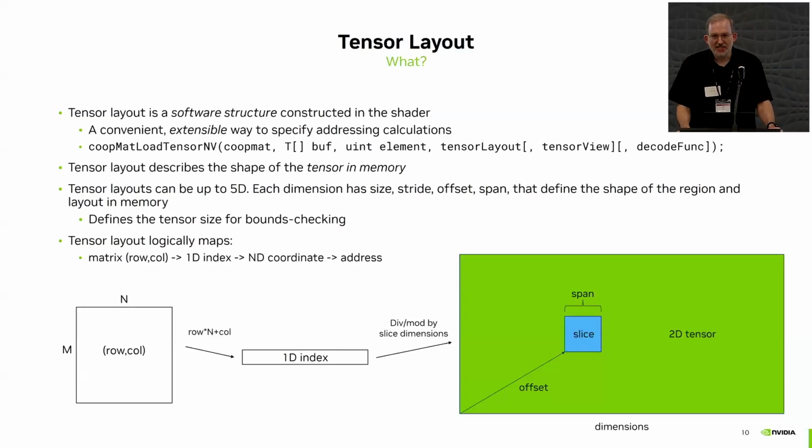Each dimension has size, stride, offset, and span, and these define the shape of the whole tensor itself, as well as this little slice that's being loaded from. And this layout logically maps matrix row and column numbers to a 1-dimensional index, and that 1D index is converted to an n-dimensional coordinate in the slice, and then just add the offsets, multiply by the strides, and that's how the compiler generates the final address.